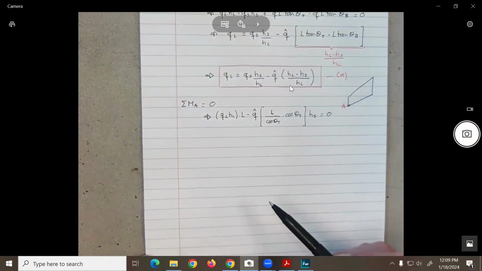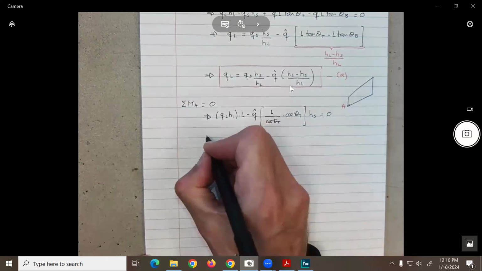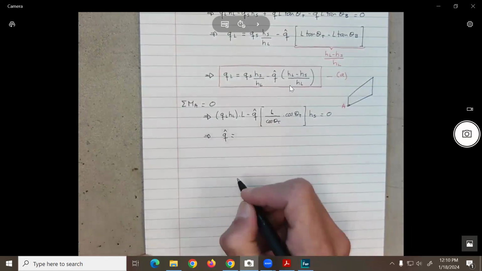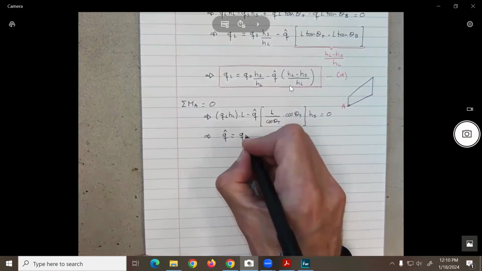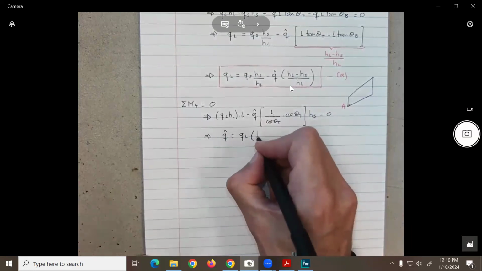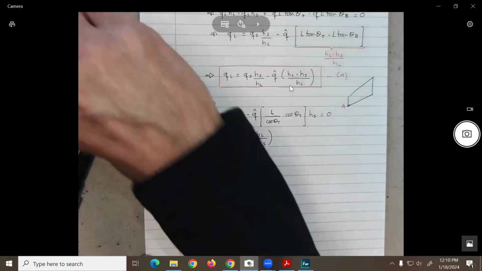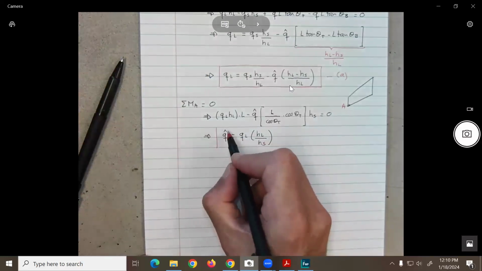That's what we have over here. So this will give you the second equation, Q hat equal to Q sub L H sub L over H sub S. Almost done.